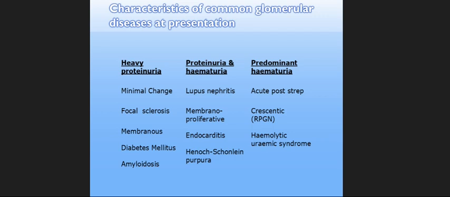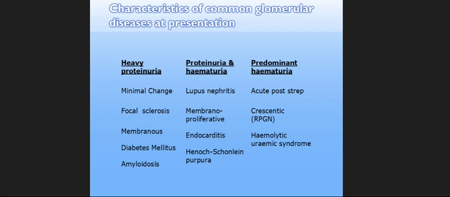Other entities present with predominant hematuria only, without proteinuria or without significant proteinuria. As I told you, there is nephrotic range and non-nephrotic range proteinuria. But in these situations, hematuria is predominant, it is the master of the disease.